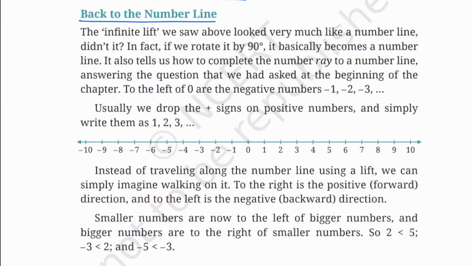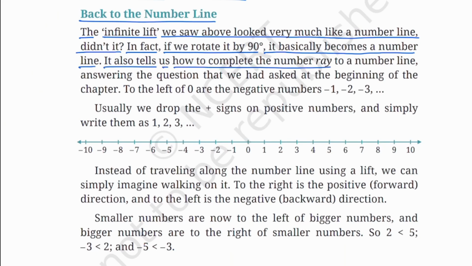Back to the number line. The infinite lift we saw above looked very much like a number line, didn't it? In fact, if we rotate it by 90 degrees, it basically becomes a number line. It also tells us how to complete the number array to a number line, answering the question that we had asked at the beginning of the chapter.